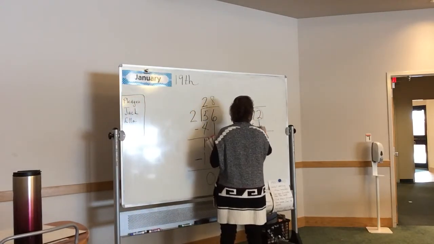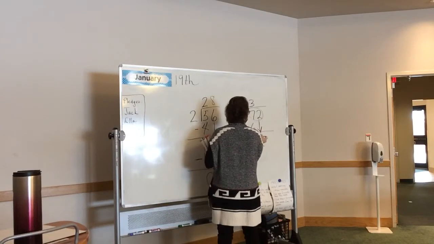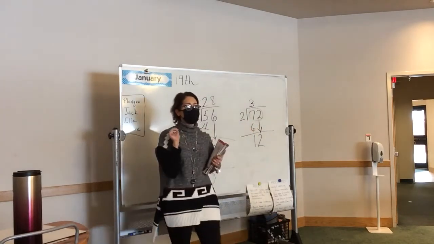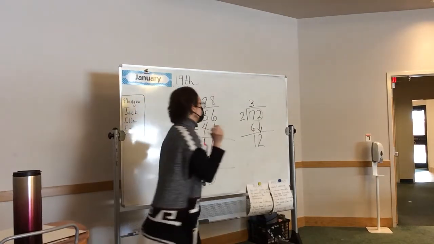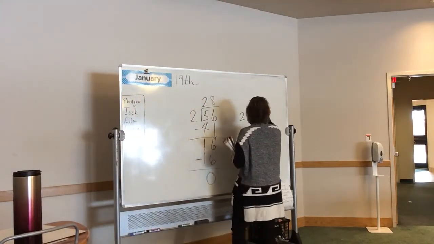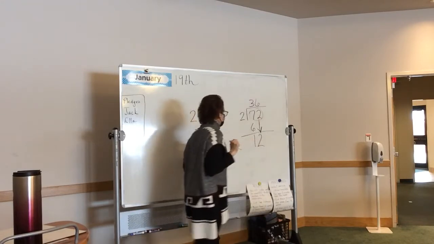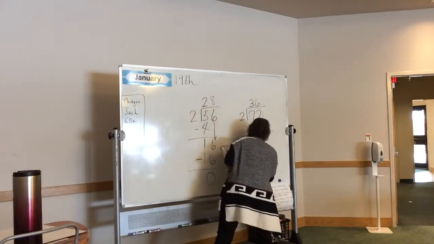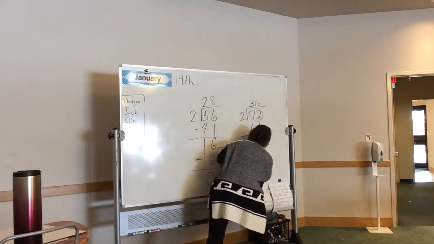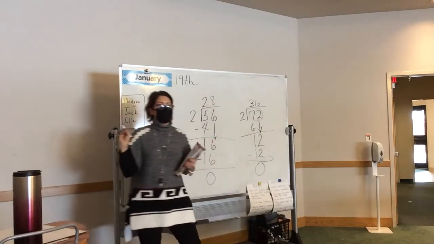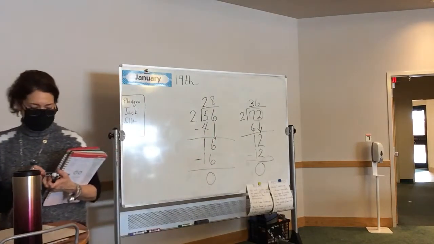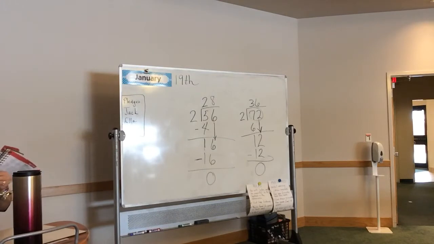We've taken this down. Now we are using the 12. What is 12 divided by 2? 6. What is 6 times 2? 12. All right? Does that make sense? Yes. All right.